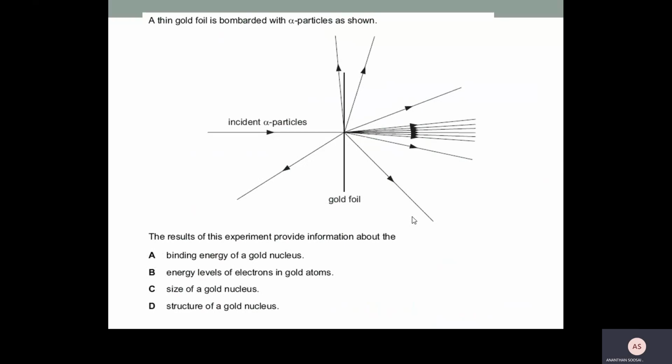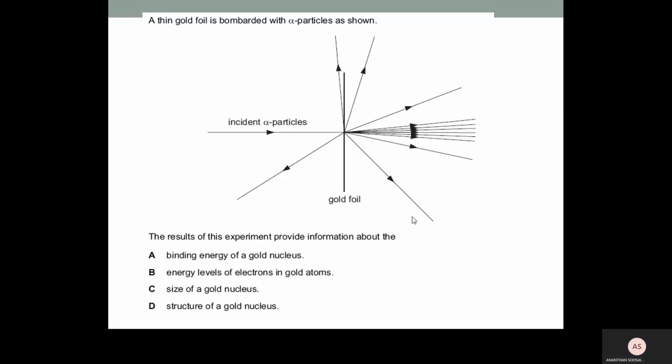Binding energy of the gold nucleus was found out later. Energy levels of electrons: who said electrons have energy levels? Which scientist after Chadwick? Niels Bohr used quantum theory to find that, so Rutherford did not know at that moment. So it is either C or D. Which is the best answer? C, size of the gold nucleus.